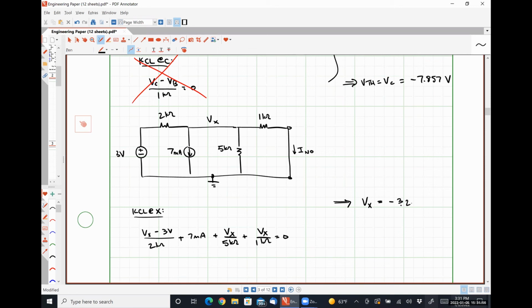Negative 3.235 volts. All right. Thank you.